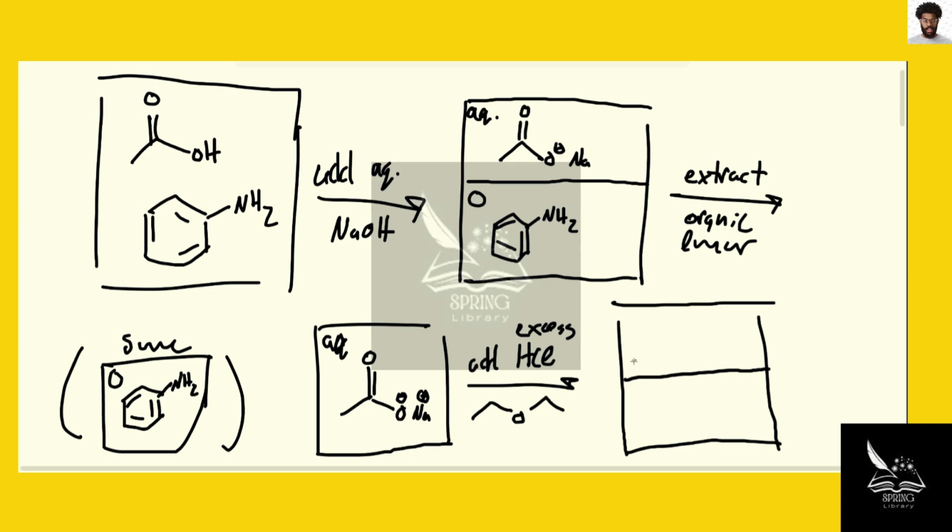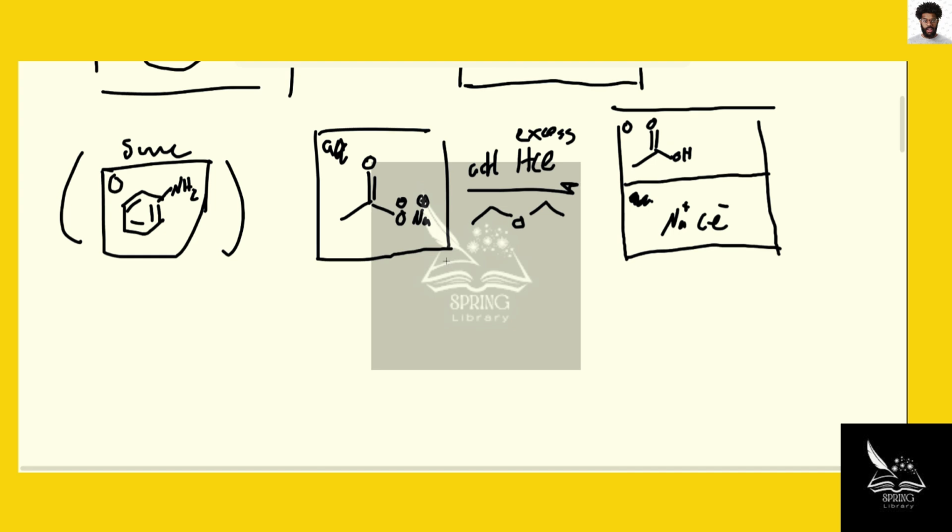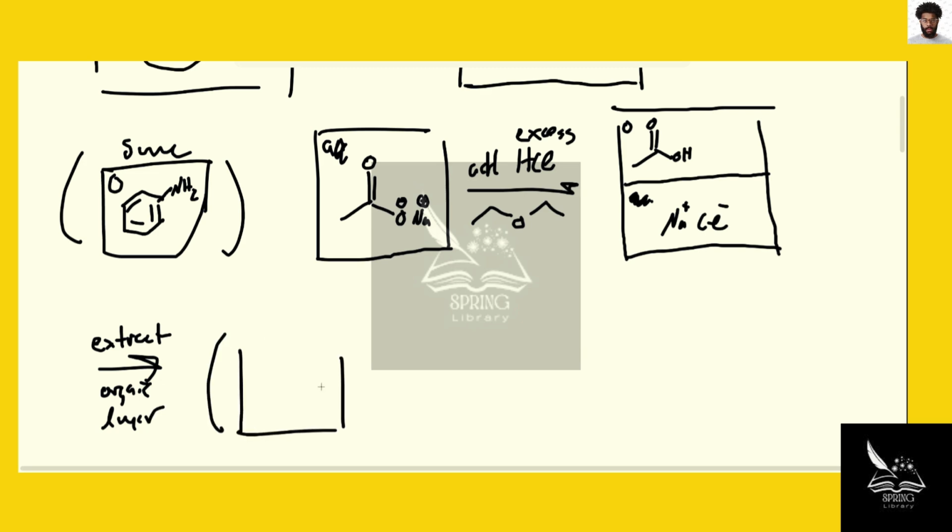And its neutral form will prefer to be in our organic layer, where we will have sodium and chloride. And once again, we can extract the organic layer, and we'll have acetic acid in our organic layer.